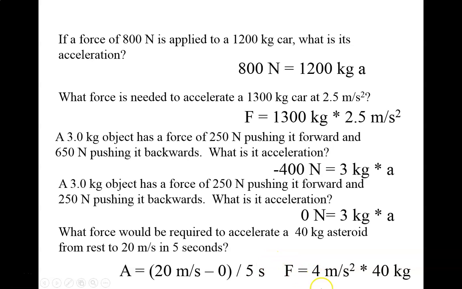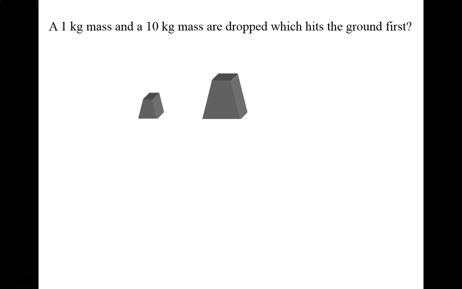Okay, and then plugging that into F equals ma, where our m is 40 kilograms and our a is 4. They're just juxtaposed, but it doesn't make a difference. 40 times 4 is 4 times 40. And we're going to end up with 160 newtons of force would be required to accelerate that object.